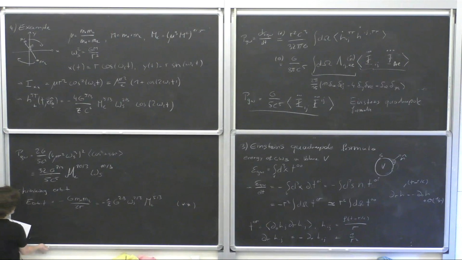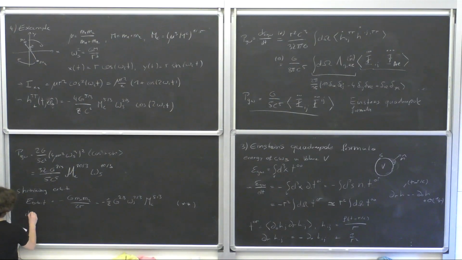And now I can do dE over dt, which on the one hand is just given by this expression here. So minus 32, because this is the power emitted, the power lost, so there's a minus sign.